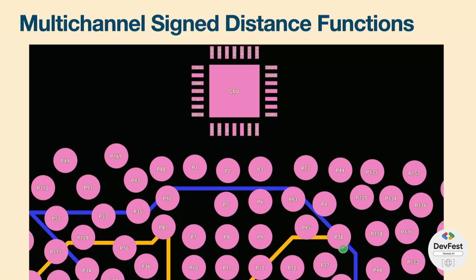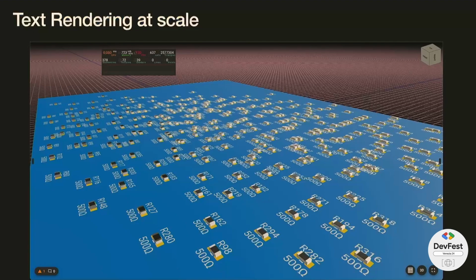That's another thing, but that's only 2D. What if we have to do 3D text, even extruded text that has depth? Well, that was another problem because we couldn't use the technique from before.